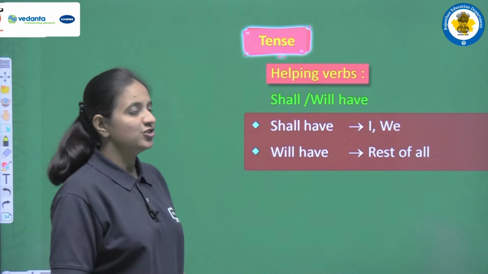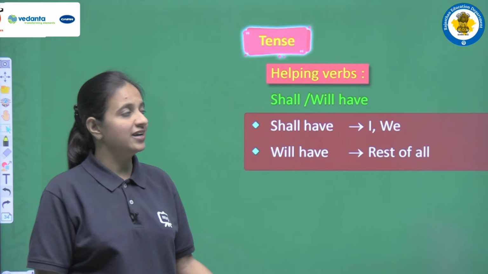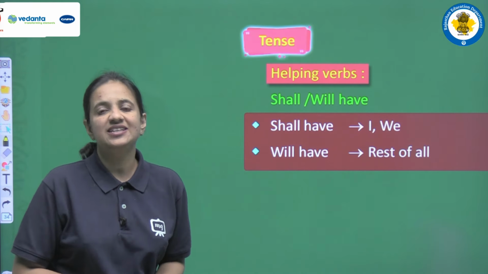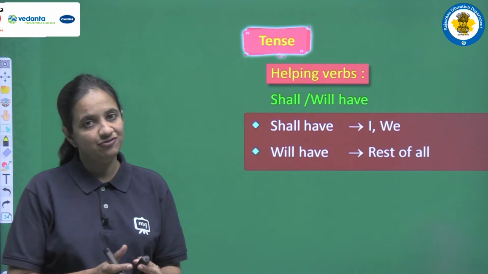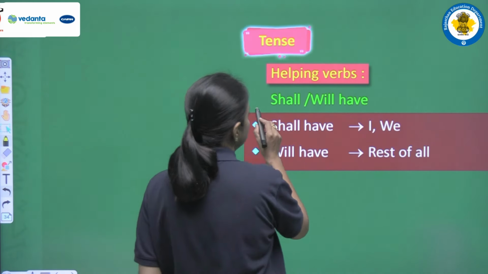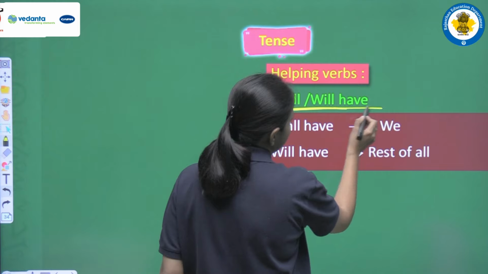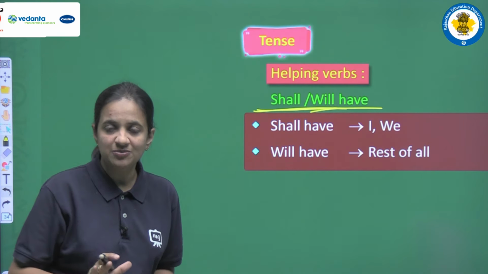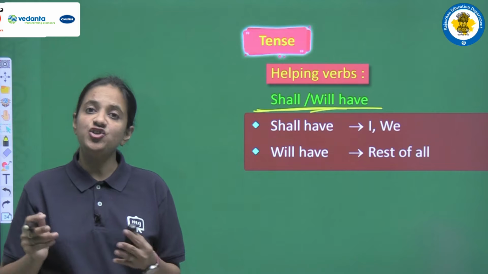First of all students, let's see some of the rules, and first let's discuss the helping verbs. In future perfect tense we have shall and will, but we have to add have. It means we have two helping verbs here, will have and shall have.